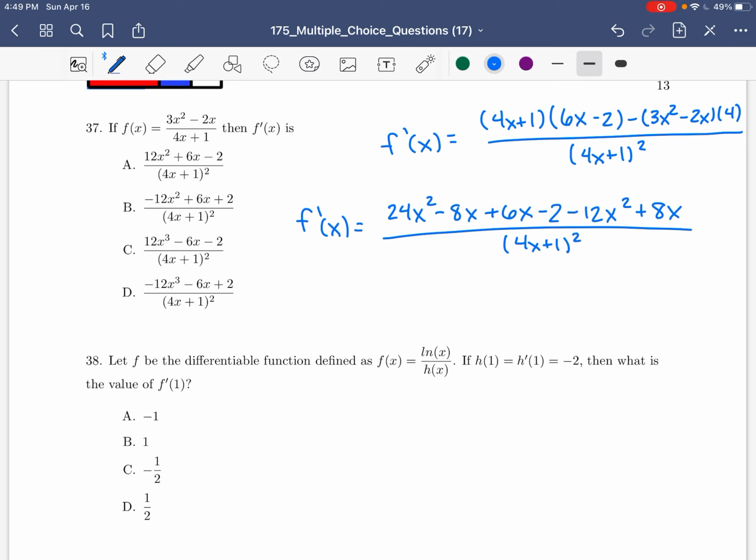The bottom's what we already want based on the answer choices. And then finally, let's just combine like terms. So 24x squared minus 12x squared is 12x squared. Negative 8x and positive 8x cancel, so we're left with plus 6x minus 2 over 4x plus 1 squared. And it looks like the one that matches that is going to be A.